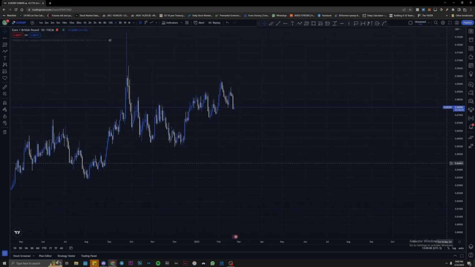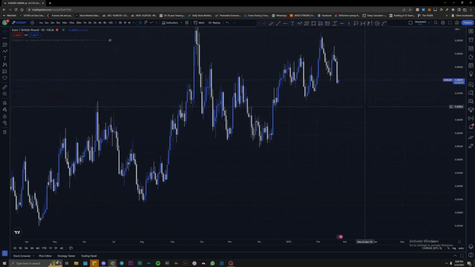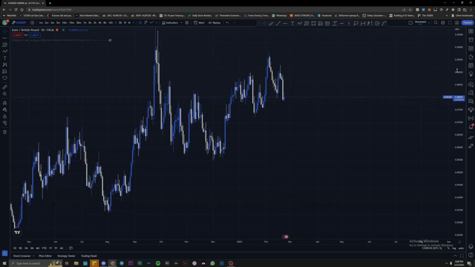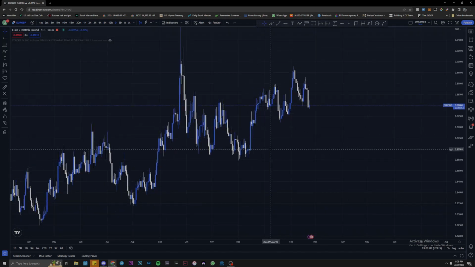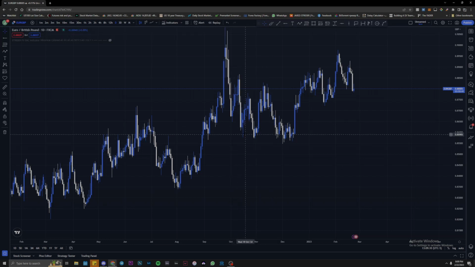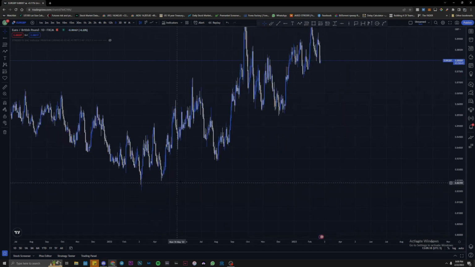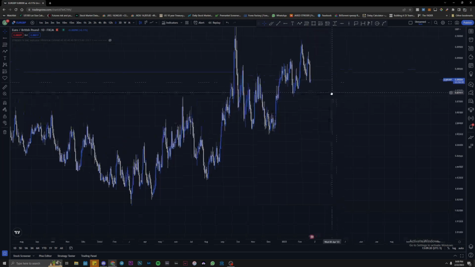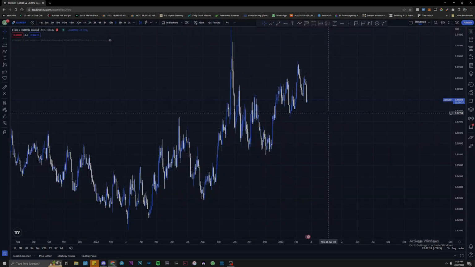This change of character actually isn't important to our overall trend. There's lots of changes of character in here. This one here, break of structure, this change of character here. But in the scheme of things, price is moving up very, very nicely.